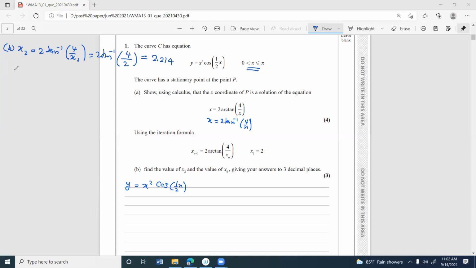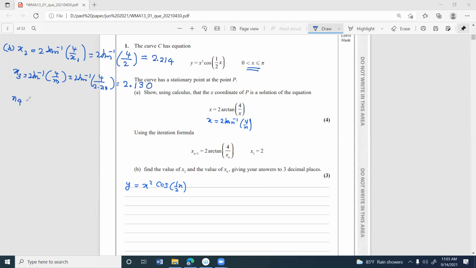Then you can get x3. x3 would be 2 tan inverse 4 over x2, that is equal to 2 tan inverse 4 over 2.214. That answer becomes 2.130.